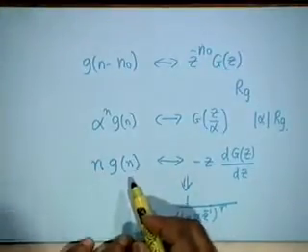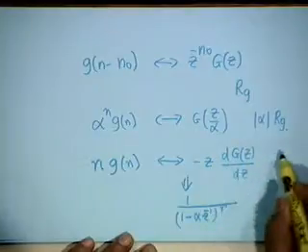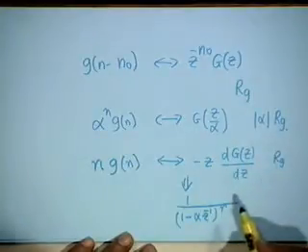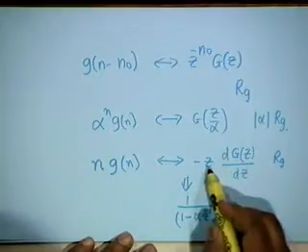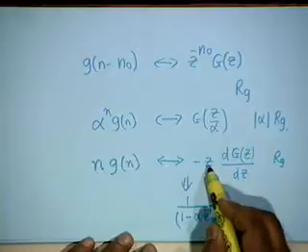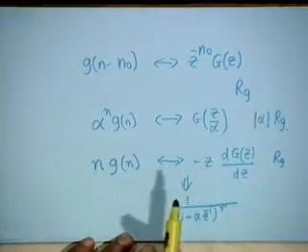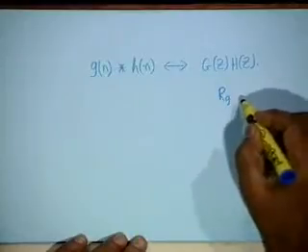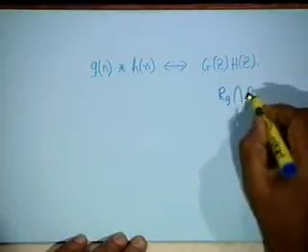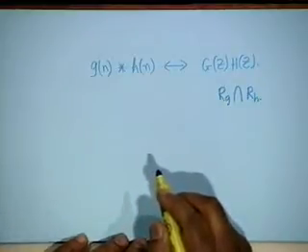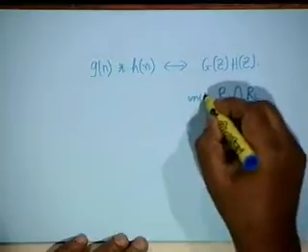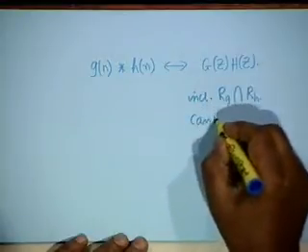Multiplication of a sequence by n would have the same region as that of Rg with possible exception of Z equal to 0 or Z equal to infinity, because there is a multiplication by Z. On the other hand, in this case, the region of convergence would be Rg intersection Rh, but can be wider because there can be cancellation. So, it includes this, can be wider.